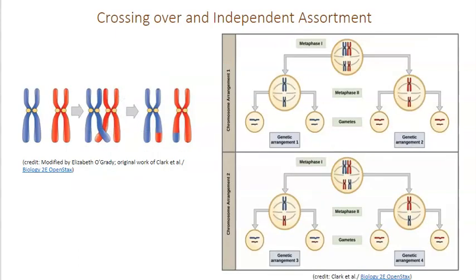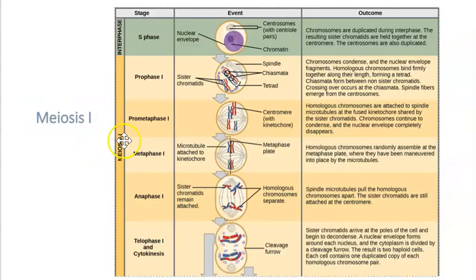So there are going to be some different events that happen when we talk about meiosis that we never learned about when we talked about mitosis. The first thing we're going to talk about is meiosis 1, where there's going to be interphase.